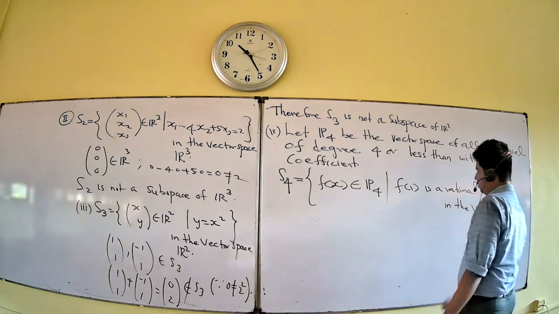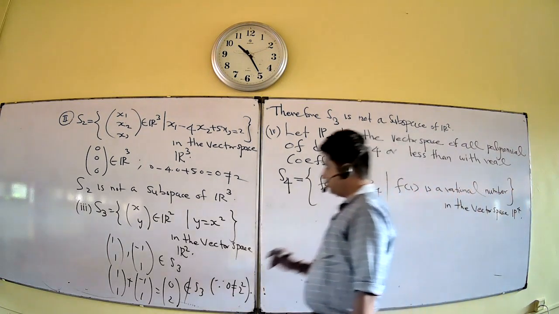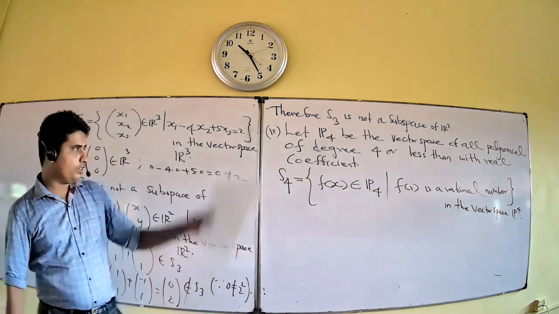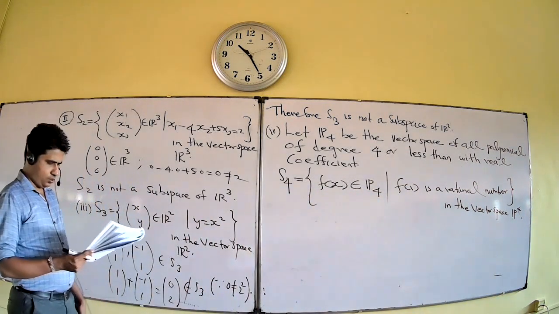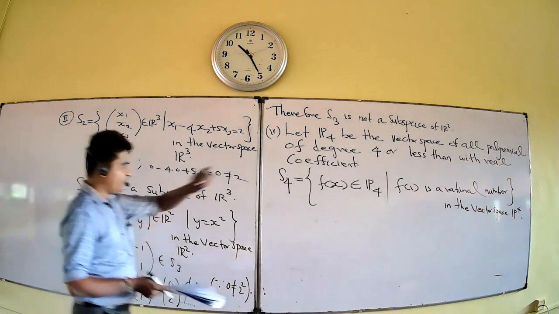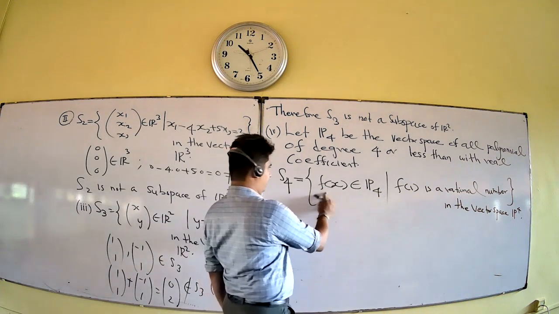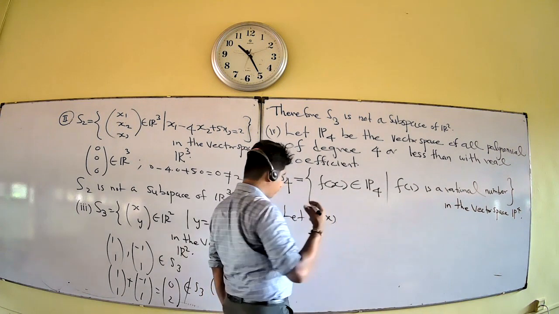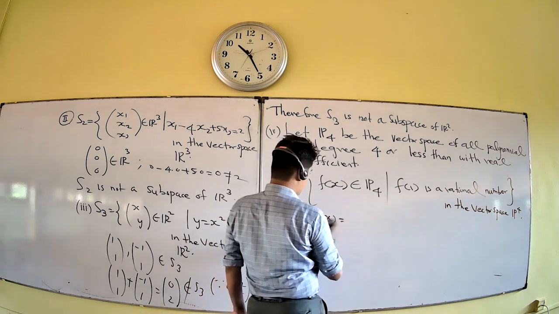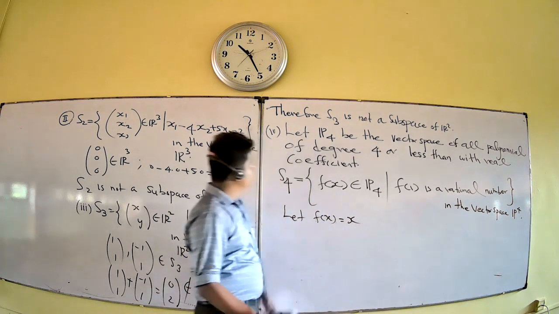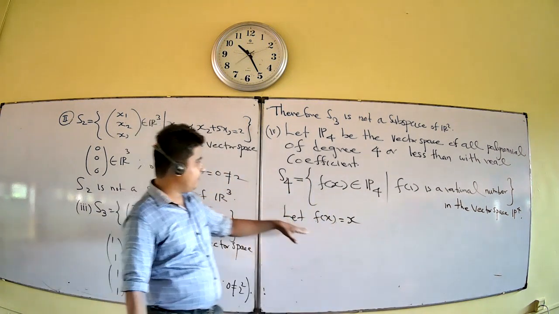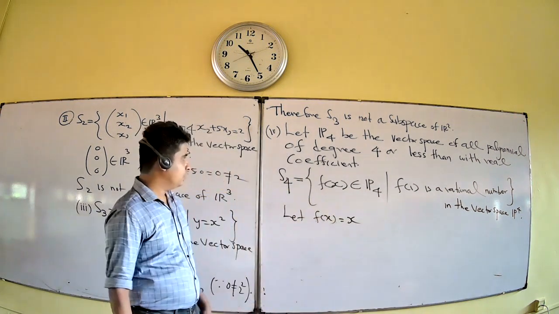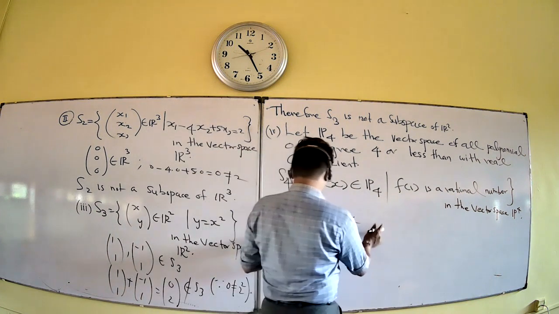You want to show that it is not a subspace. Here you can take any polynomial, but the degree should be 4 or less. Therefore, you take f of x equal to x. F of x equal to x means degree is 1, less than 4. Therefore, it belongs to P4.